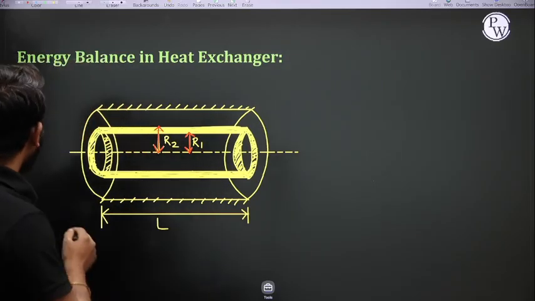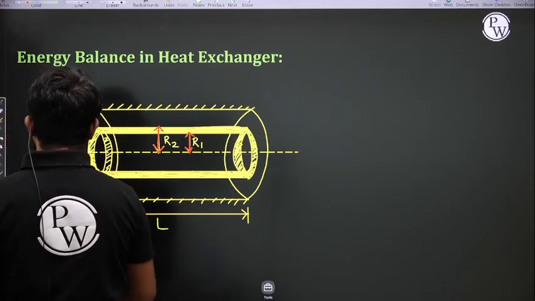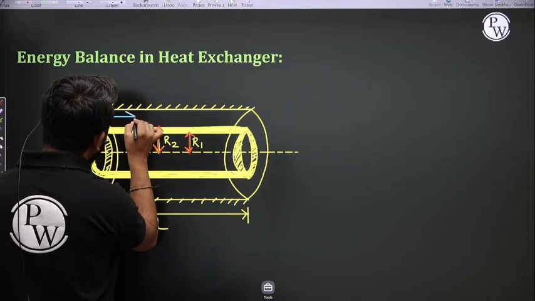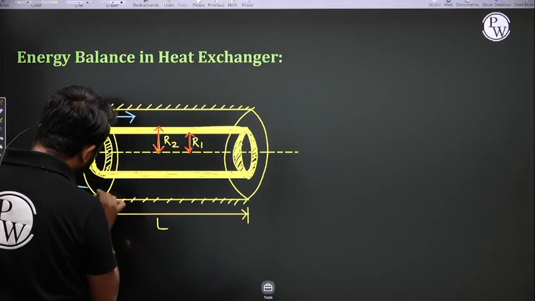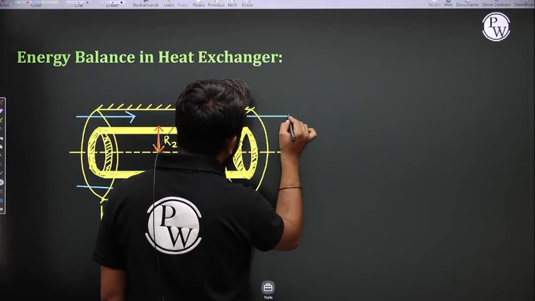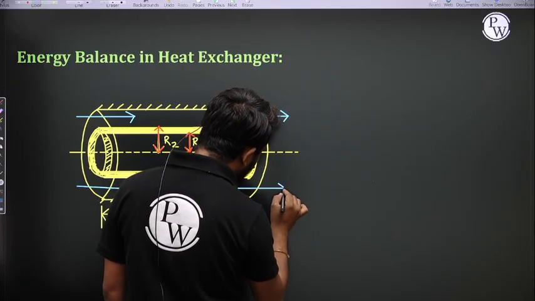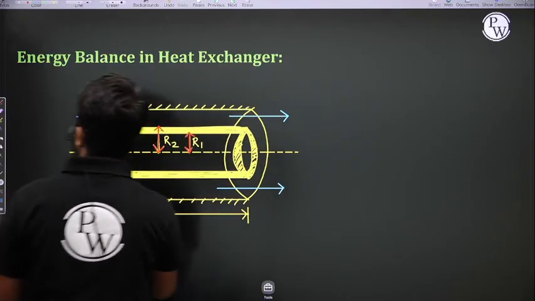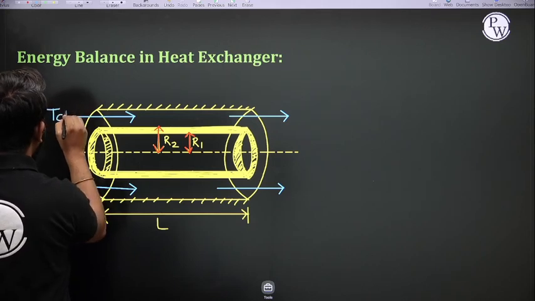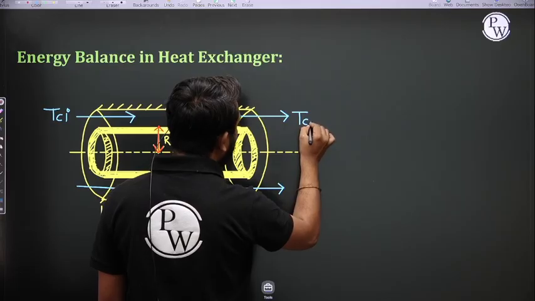Now let us assume that the cold fluid is passing through this annular space. So this is the inlet temperature of the cold fluid and this is the exit temperature of the cold fluid.